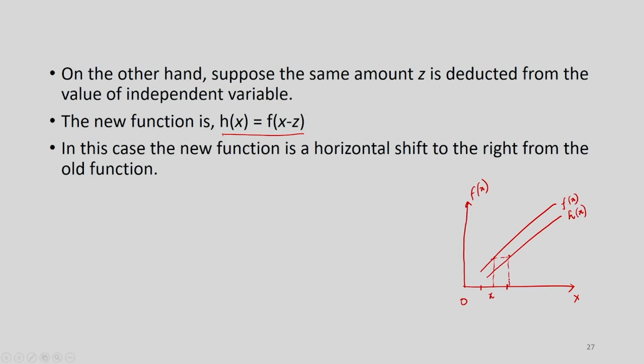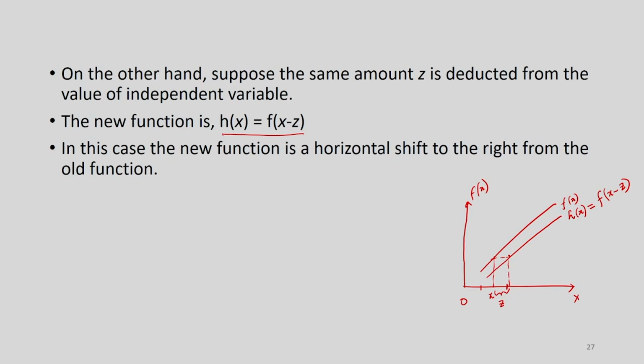So, this is h x. H x is to the right of the old function f x, where h x is equal to f of x minus z. Okay. And this gap is z.